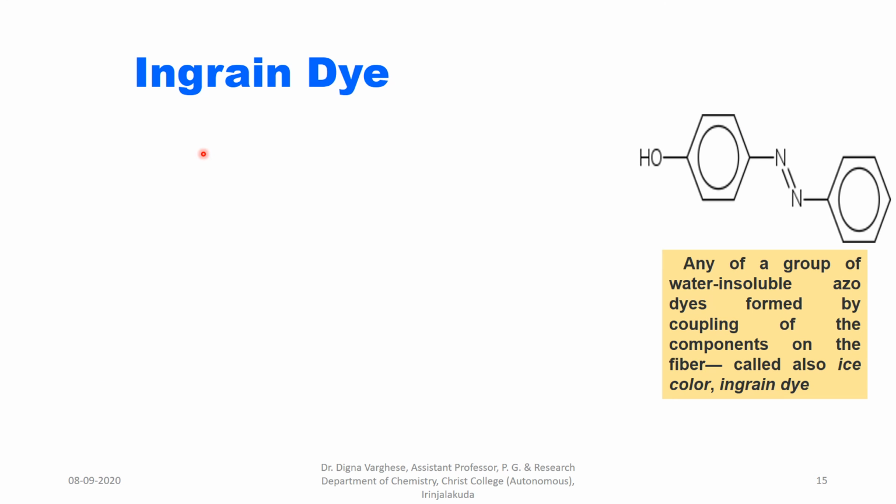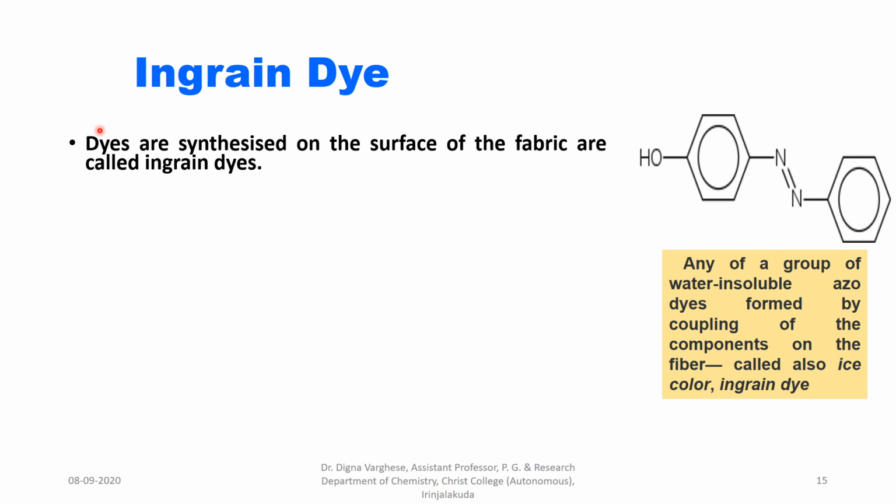Next one is ingrain dye. Dyes that are synthesized on the surface of the fabric are called ingrain dyes. Example, insoluble azo dyes.